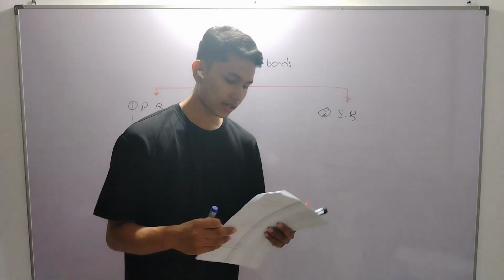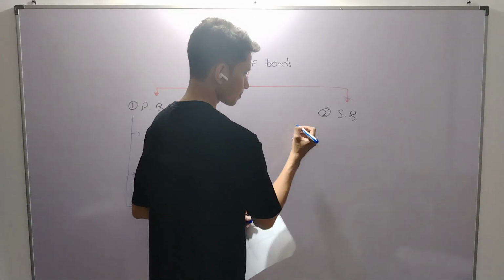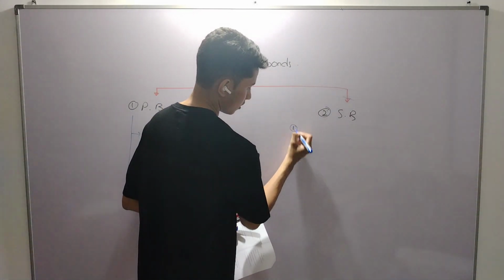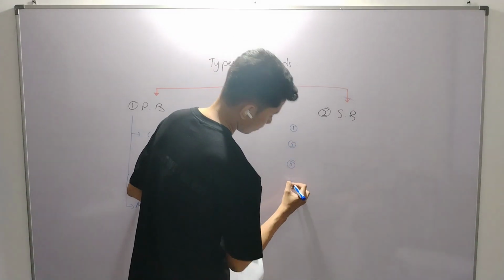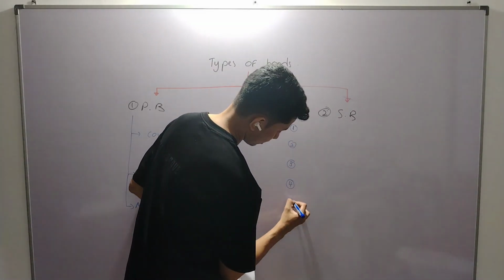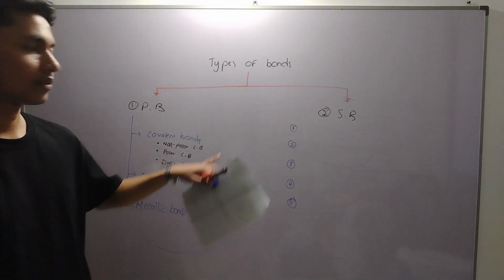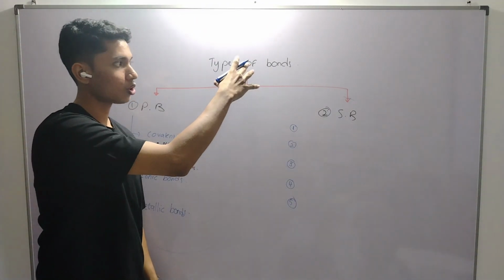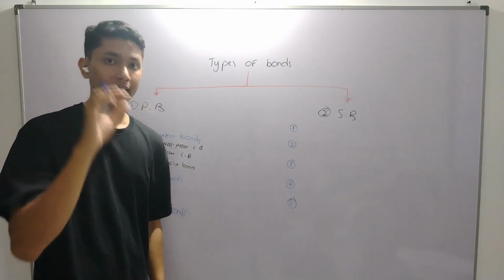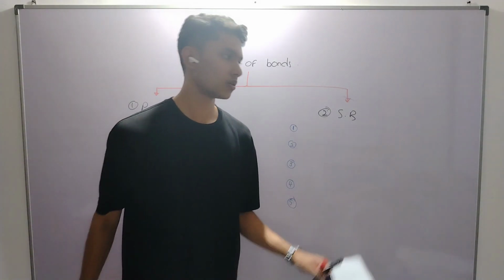Secondary bonds, there are 5 secondary bonds. 1, 2, 3, 4, 5. Now you should remember these all. When you break this whole topic into a few subtopics, it's easy for you to remember. So that's what we do here.